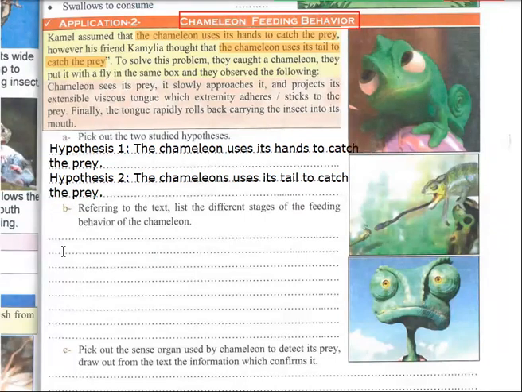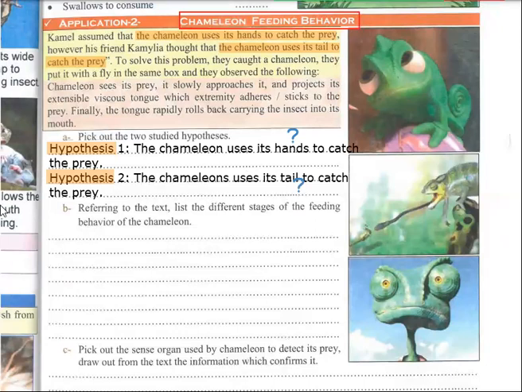We should never forget that each time we write a hypothesis, we must start with the word hypothesis, okay? Or the hypothesis will be considered incorrect. Again, Camel is saying that the chameleon uses its hand to catch the prey. Maybe this is correct, we don't know. And Camellia is saying that the chameleon uses its tail to catch the prey.